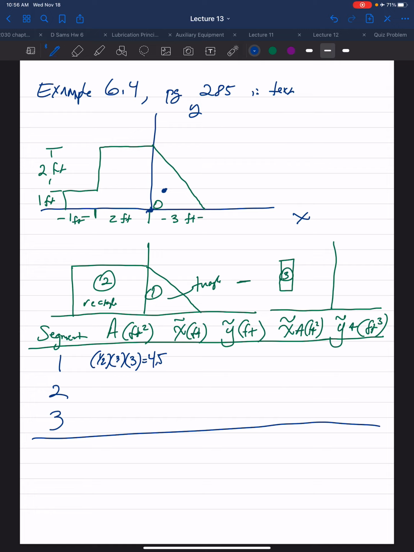So the coordinates would be 1 foot from the origin in the x direction and 1 foot from the origin in the y direction. Likewise, x wavy bar times A is 1 times 4.5 cubic feet. Y wavy bar times A is 1 times 4.5 cubic feet.